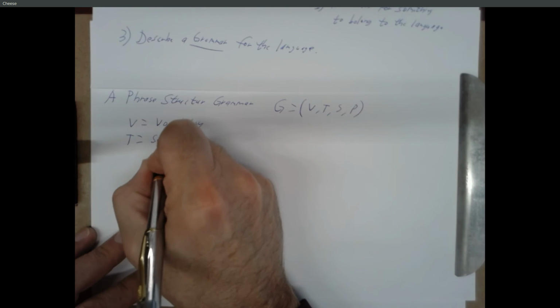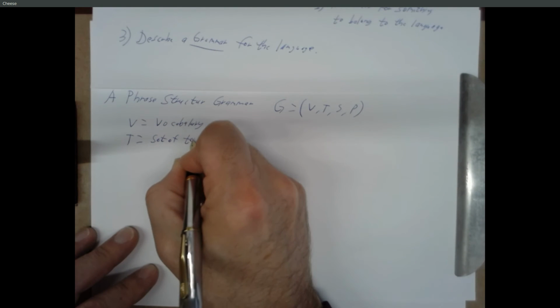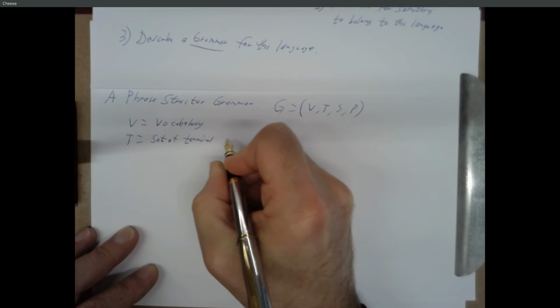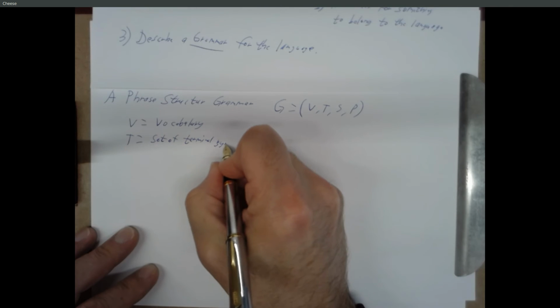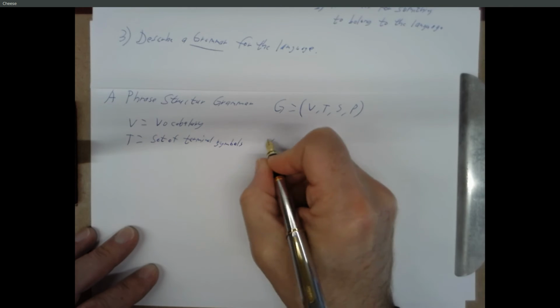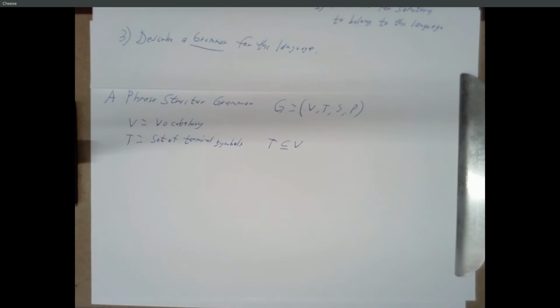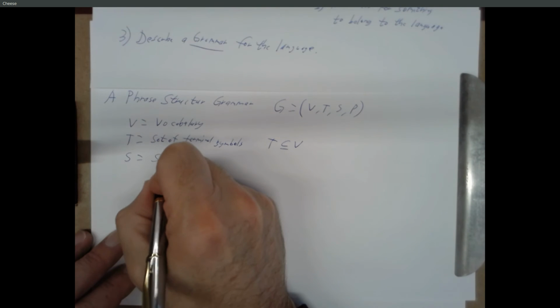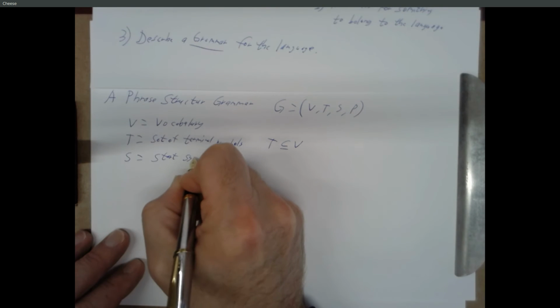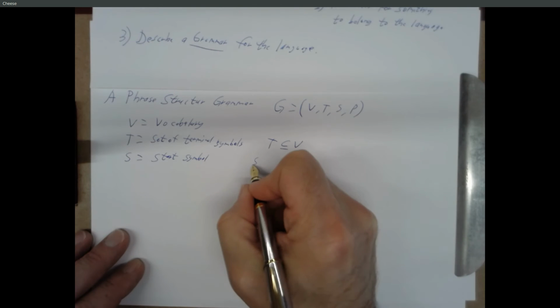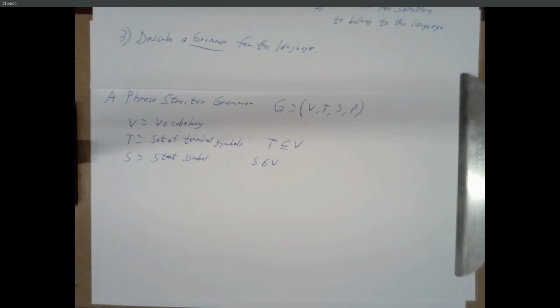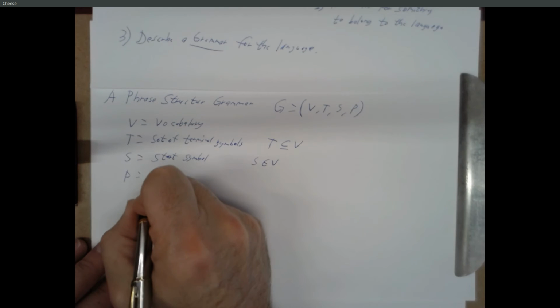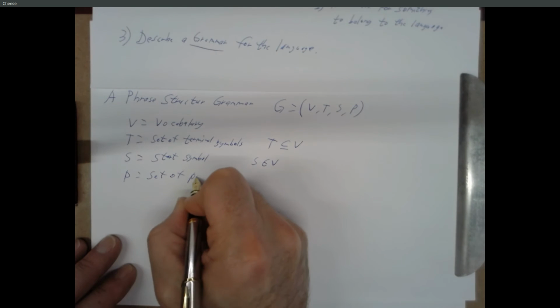T equals what we call the terminal symbols. And so T is a subset of V. S is what we call the start symbol. So S is an element of V. And P is a set of productions.